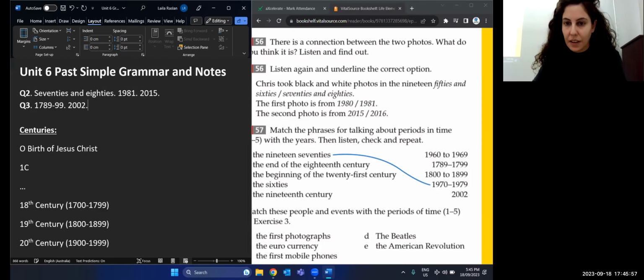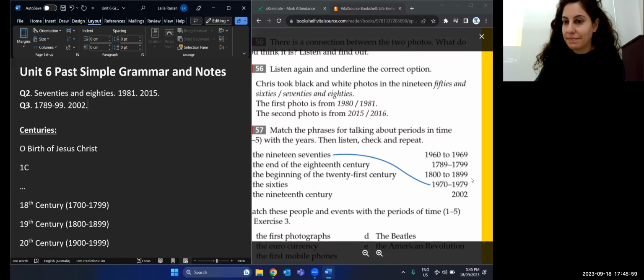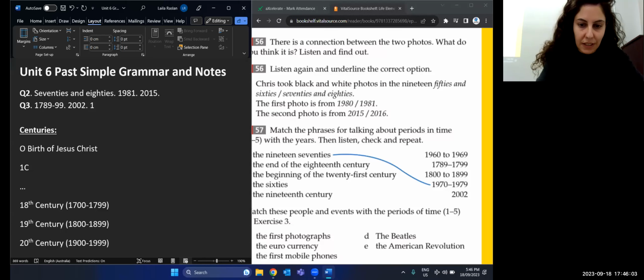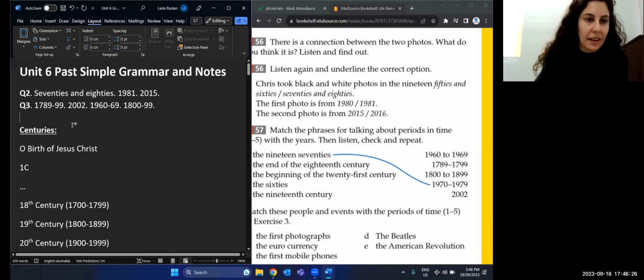And the 60s, 1960 to 1969. And the 19th century, 1800 to 1899.